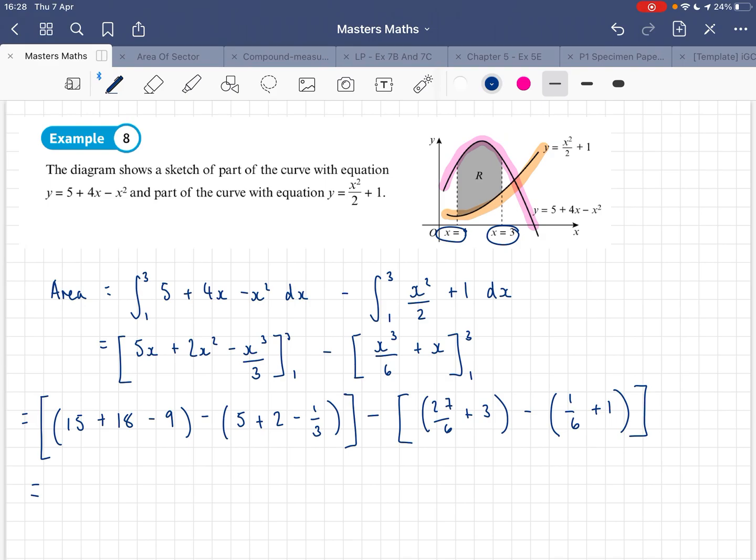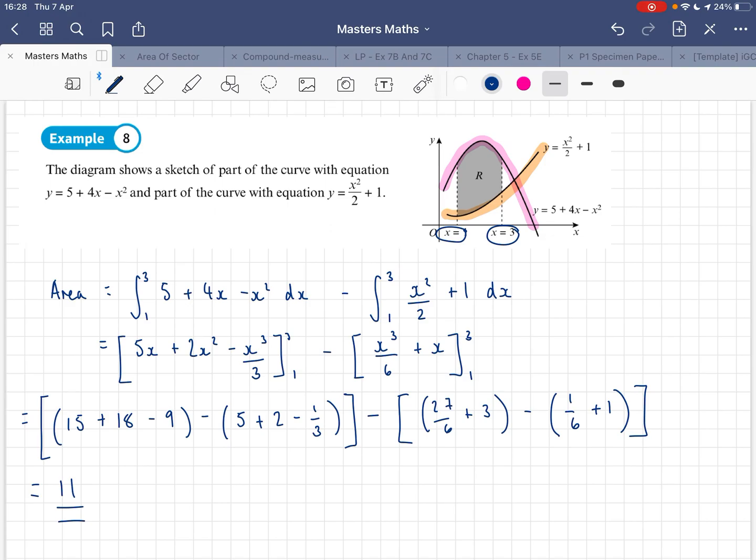And then you would obviously work all that out, subtract it all, gives you an answer of 11, which looks very simple for all of the work we've just done. But yeah, that's our final answer. The area between those two curves is 11 units squared, whatever the units are.